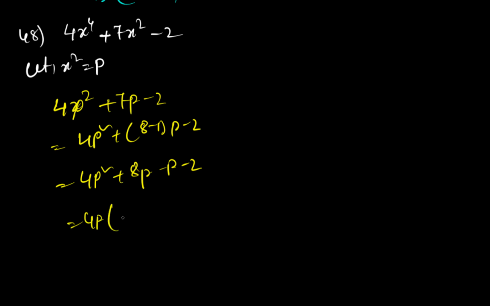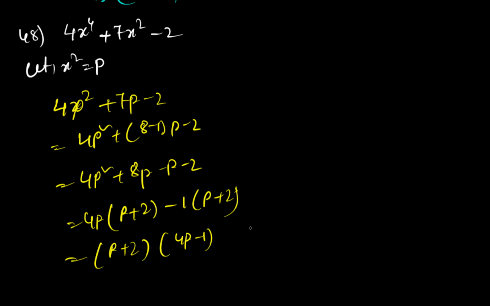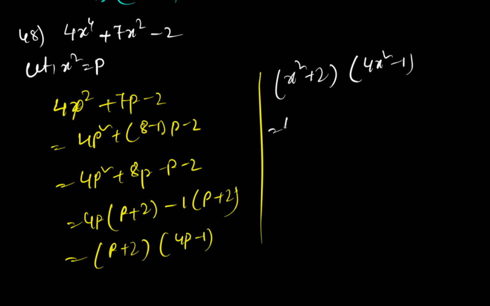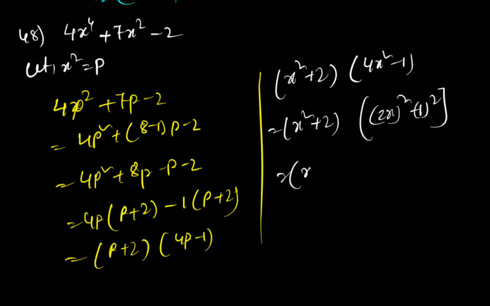If you take 4p common, it's p plus 2, minus 1 common, p plus 2. So it's p plus 2 times 4p minus 1. Now you can put the value of p. It's x square plus 2 and it's 4x square minus 1. So this x square plus 2 is fine, but this can be factorized again by the a square minus b square formula. So it will have finally 3 factors.